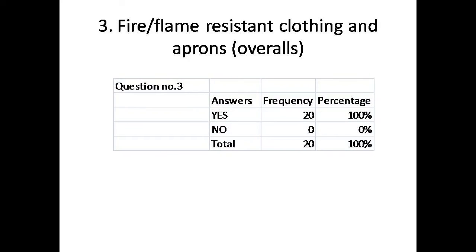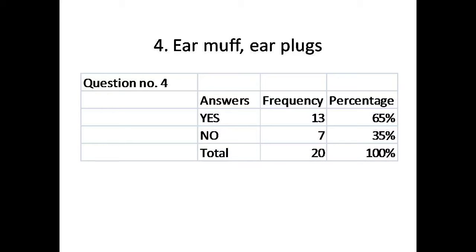Question number 3, fire, flame resistant clothing and aprons or overalls. 20 respondents answered yes, which equivalents to 100%, and 0 respondents answered no. Next up, we have question number 4, ear muff, earplugs. 13 respondents answered yes, which equivalents to 65%, and 7 respondents answered no, which equivalents to 35%.